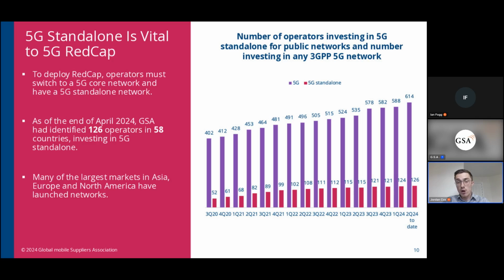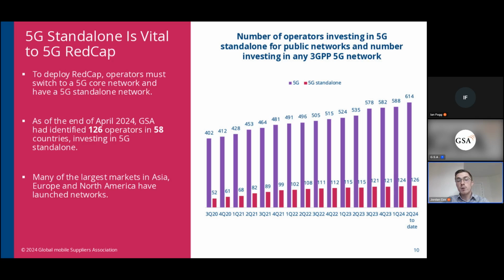And as you'll see from the chart, promisingly, 5G Standalone has seen an increasing level of adoption alongside non-standalone 5G technology, albeit at a much slower pace. This ongoing expansion of 5G Standalone worldwide provides a guide to RedCap readiness.